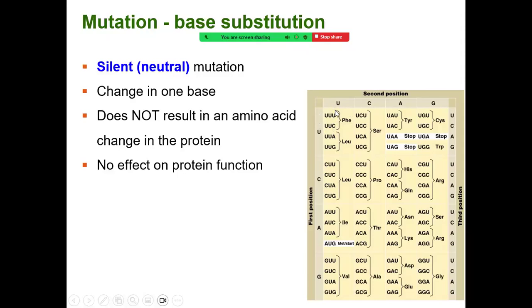This is a change in the DNA, but it does not result in a change in the amino acid in the protein. And that's why we call it a silent mutation. The DNA is changed, but the protein is not changed. No effect on protein function. Any question about any of that?